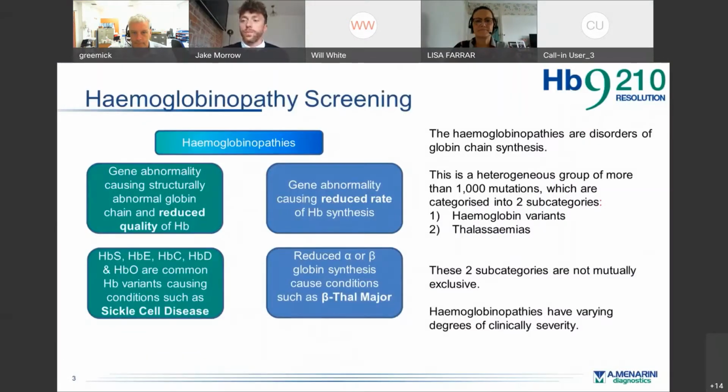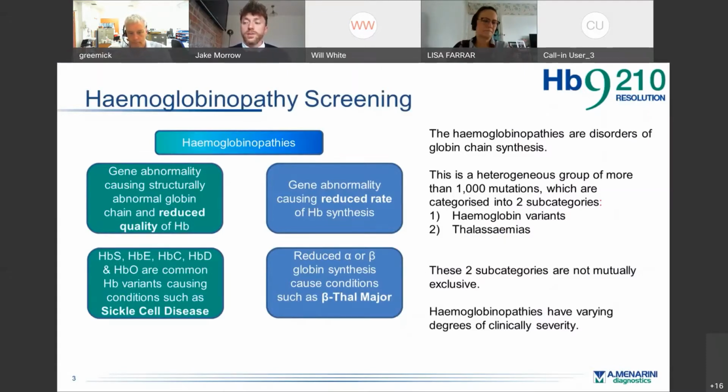Okay, so to introduce the Hb9210 resolution, it's sensible to introduce hemoglobinopathies, just as a recap. Following infancy, alpha and beta globin chains are components of normal human adult hemoglobin, and disorders of globin chain synthesis are termed hemoglobinopathies.